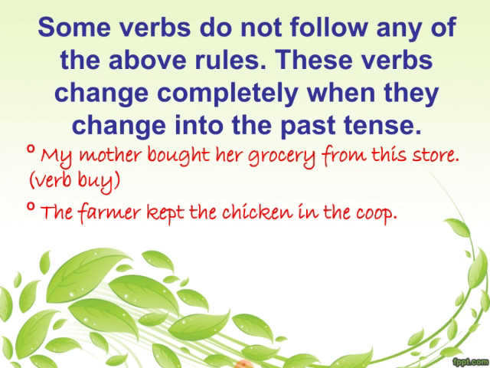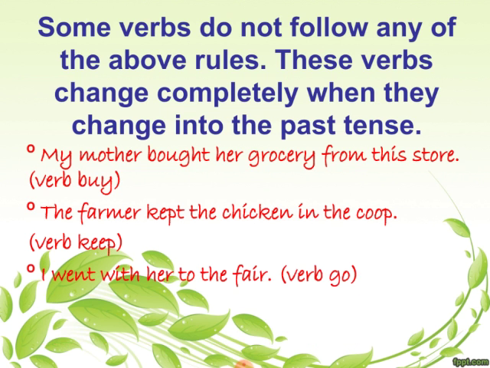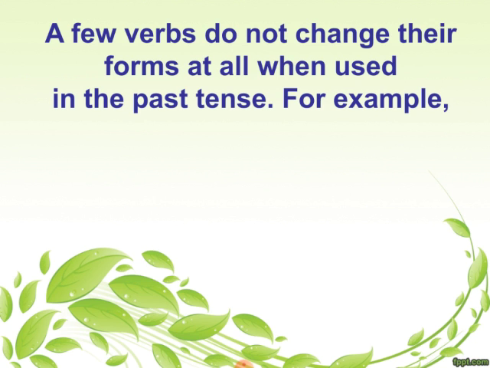The farmer kept the chicken in the coop. The verb is keep and keep becomes kept in the simple past tense. Another example, I went with her to the fair. Verb is go. Go becomes went in the simple past tense.